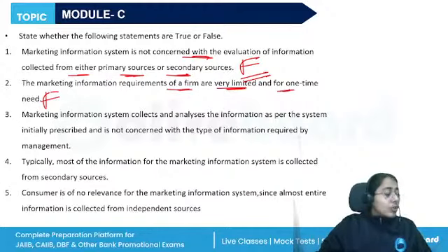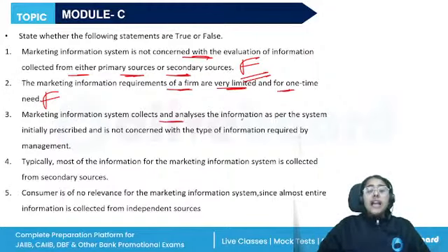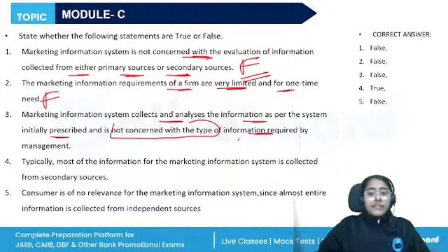The data which is stored can be retrieved and used any number of times by the decision makers. The marketing information system collects and analyzes the information as per the system initially prescribed, and it is not concerned with the type of information required by the management. This again is a false statement.